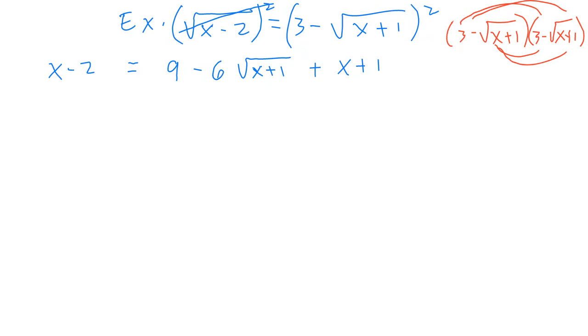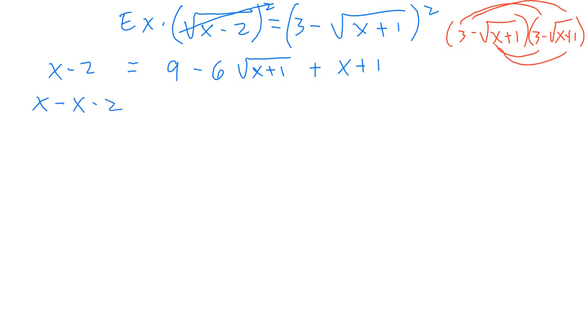Okay, so we're trying to combine like terms here by moving some terms from the right to the left, except for the radical. So we'll just put the radical expression on the right side. So I'll move x from the right to the left, becomes a minus x.